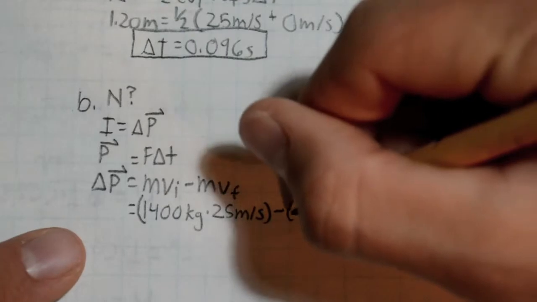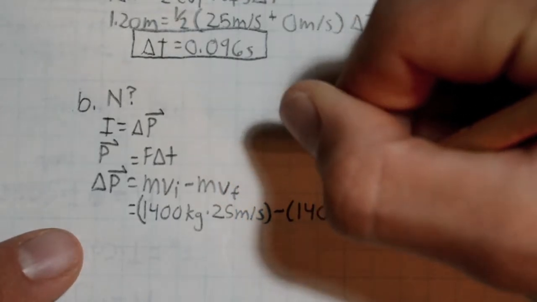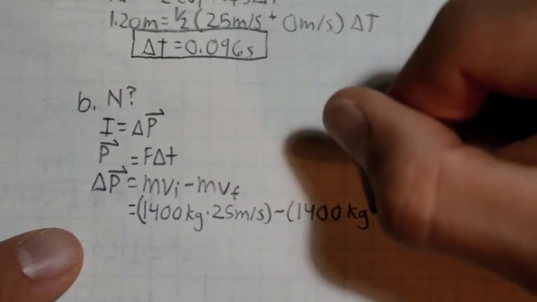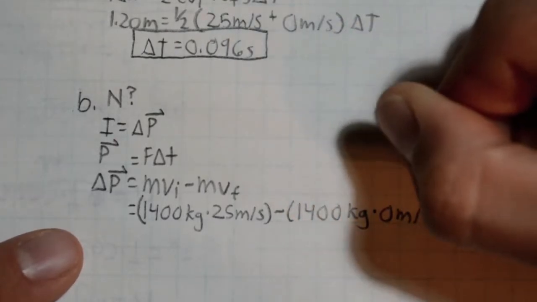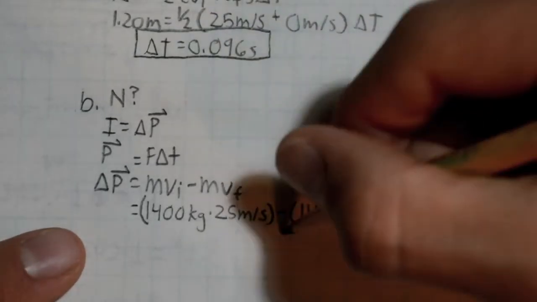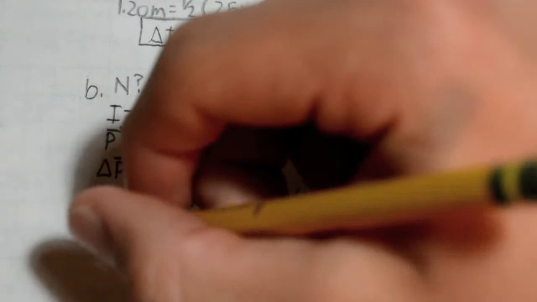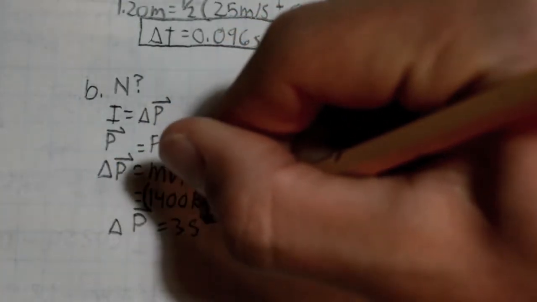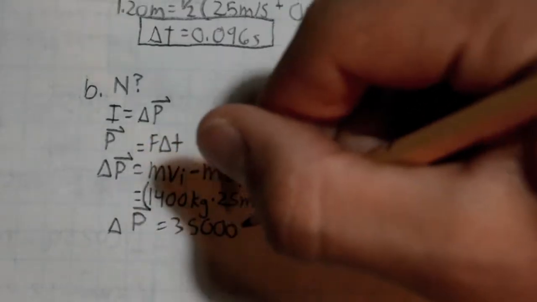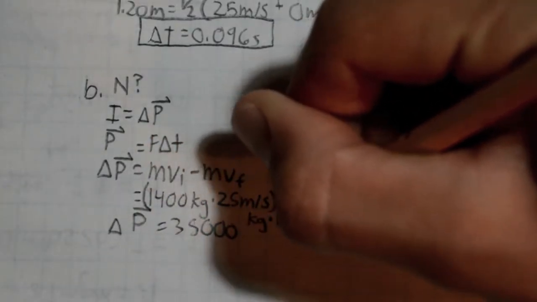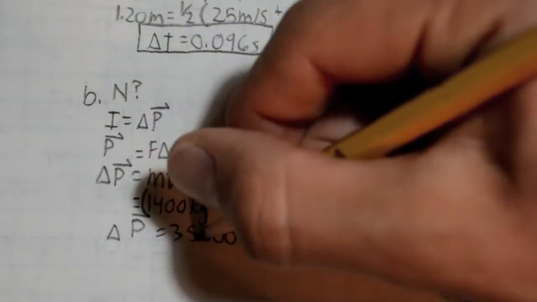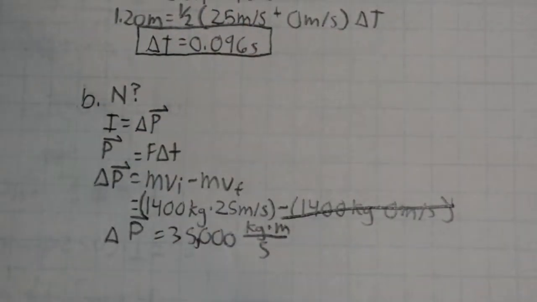And then minus the mass again, 1400 kilograms, times the velocity final, which is 0 meters per second, in which case that part cancels out because 0 times anything is 0. 1400 kilograms times 25 meters per second means that our delta momentum is 35,000 kilograms times meters per second.